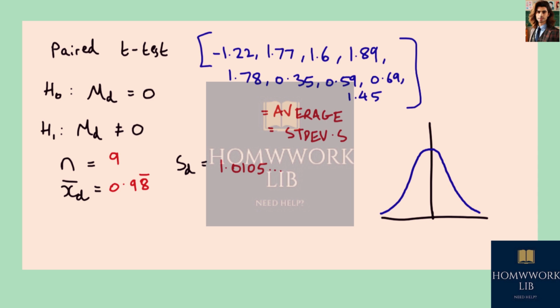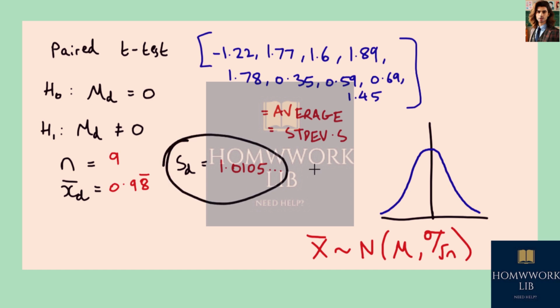So the average difference for a sample of size 9 belongs to this approximately normal distribution. Its mean is the same as the population mean. Its standard deviation is sigma over root n. We don't know sigma, the population standard deviation, which is why we have to use our sample standard deviation and therefore a t-test instead of a z-test.